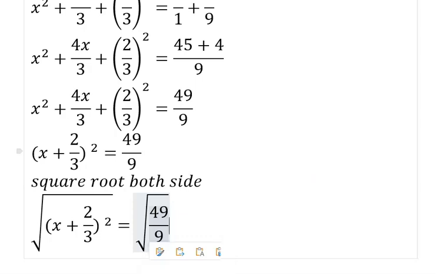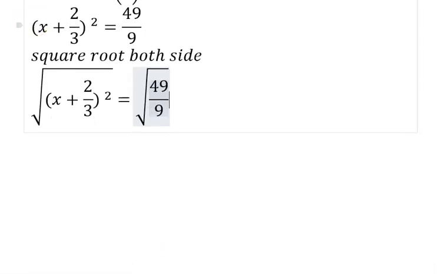Beautiful. So that our square root can cancel out our square. So we'll now be left with what?